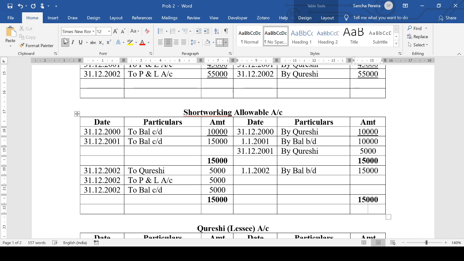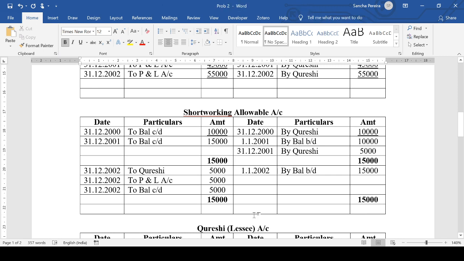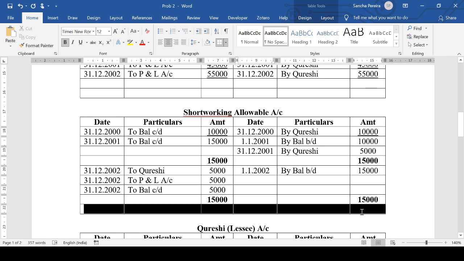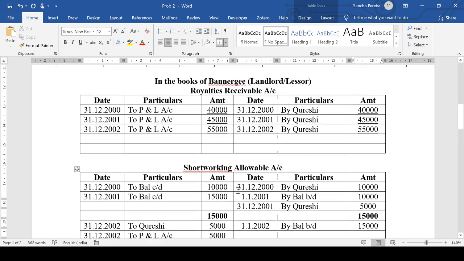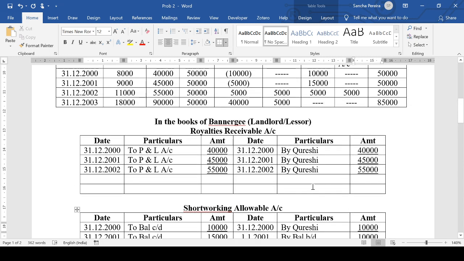Bring down the balance. 1st January 2003 by balance brought down 5,000. That's the same balance that we have carried forward.